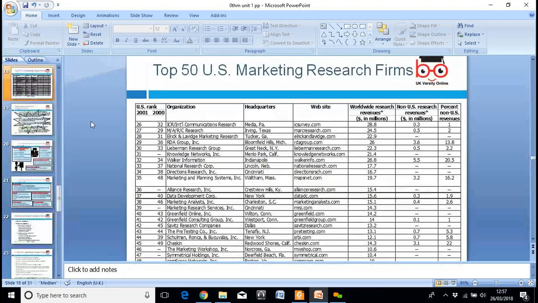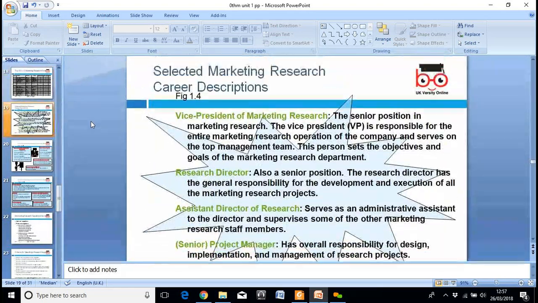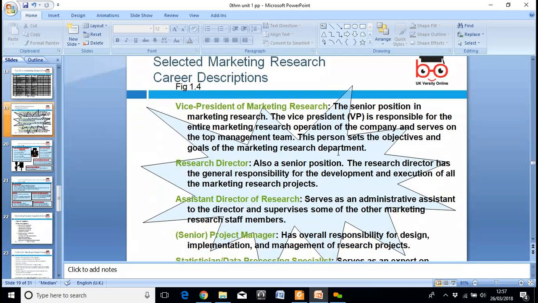The next one is just an extension of that. Again, some of the jobs involved in research are quite extensive, maybe not as wide as this in the UK, but very similar. So you will have somebody like a vice president. He'll be a board member. It's a senior position, and he will be responsible for the entire marketing research operation of the company, and serves on the top management team.